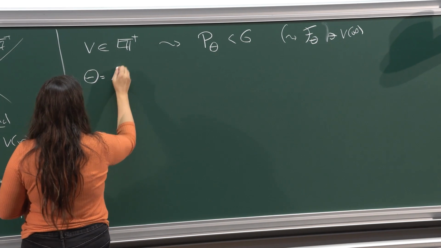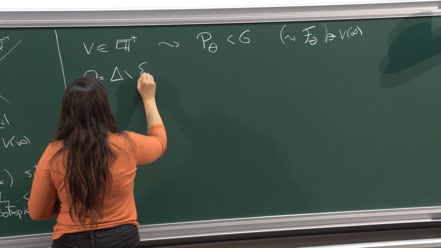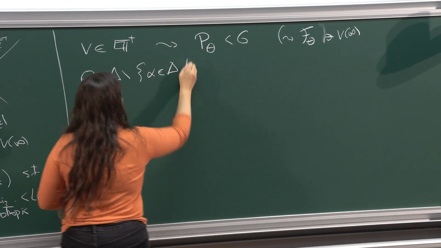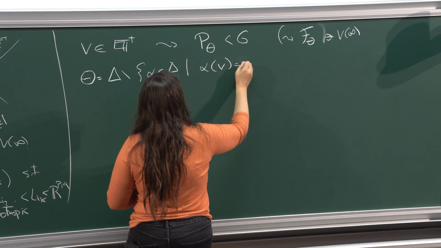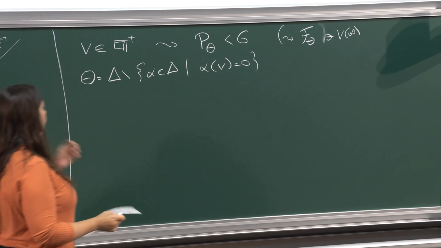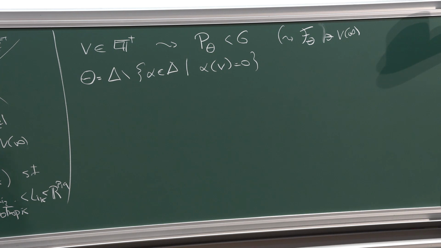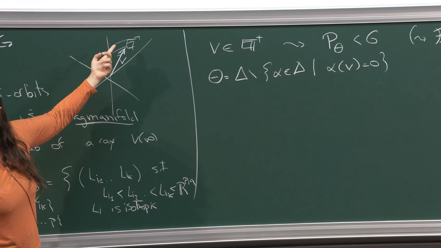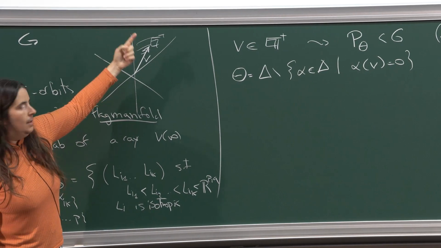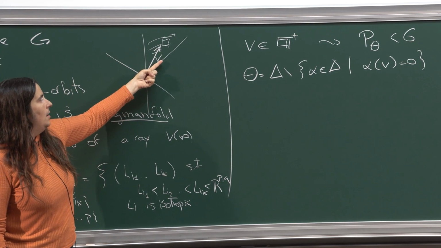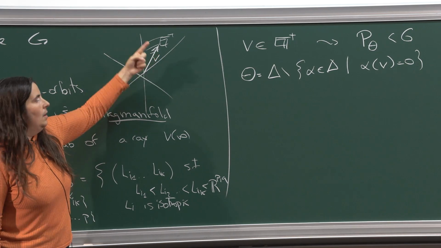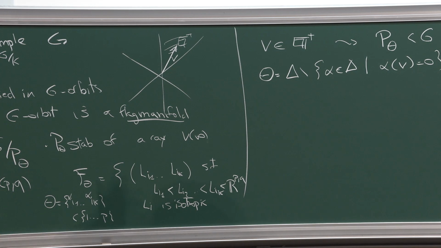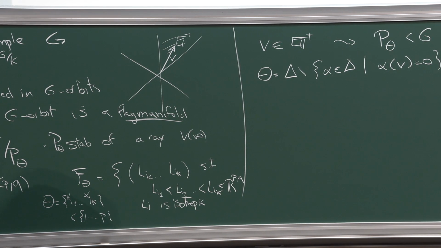Theta is going to be delta minus the set of alpha in delta such that alpha of v is equal to 0. So if I am in the center of the Weyl chamber, nothing vanishes, and so I have the whole delta. If I'm in here, alpha 1 is equal to 0, and so theta is that parabolic. More generally, I will have more complicated structures.